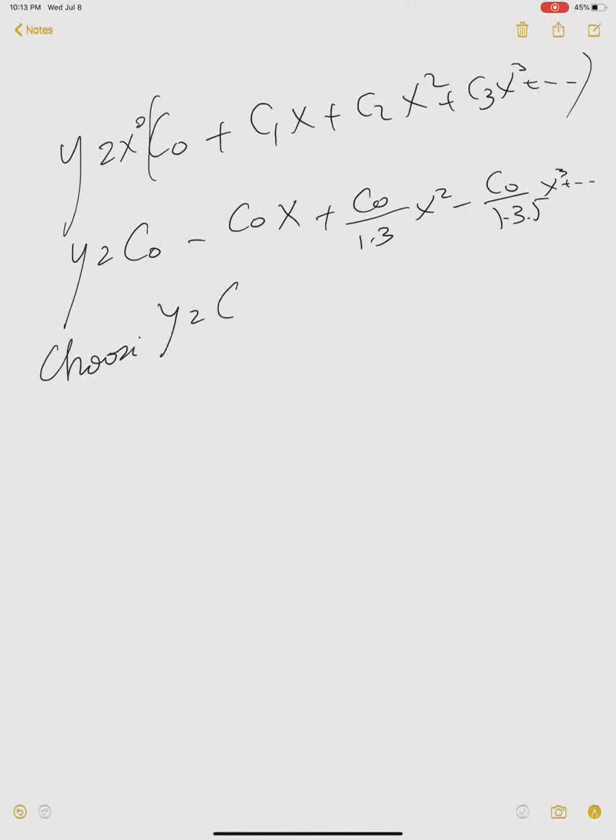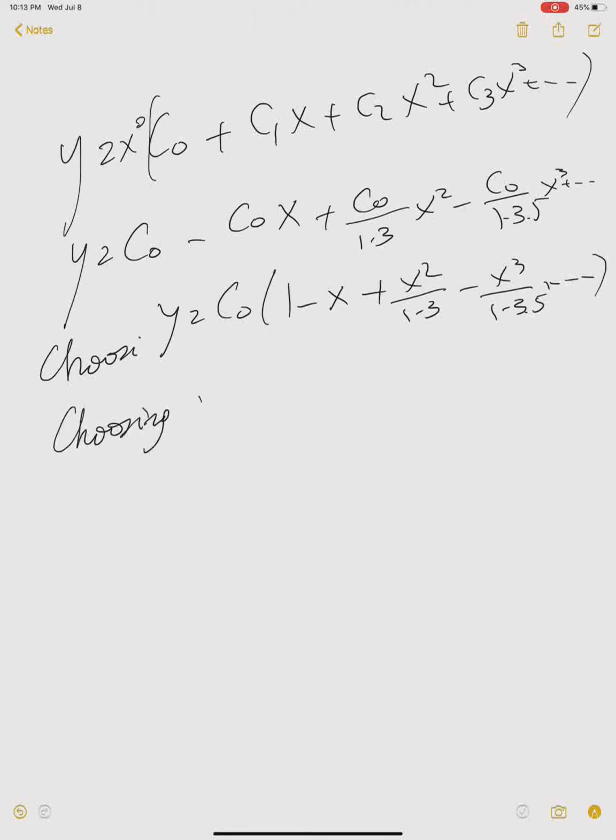So y equals c_0 times 1 minus x plus x squared over 1 times 3 minus x cubed over 1 times 3 times 5 plus so on. So choosing c_0 to be 1, you get y_2.